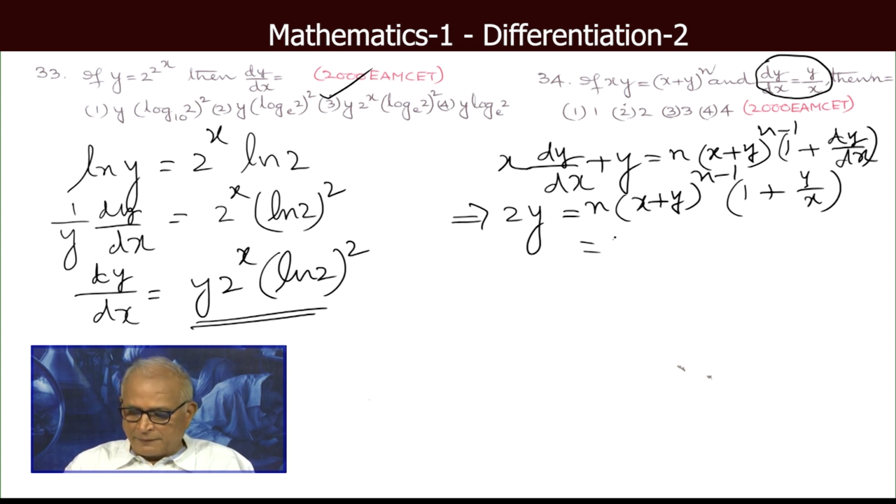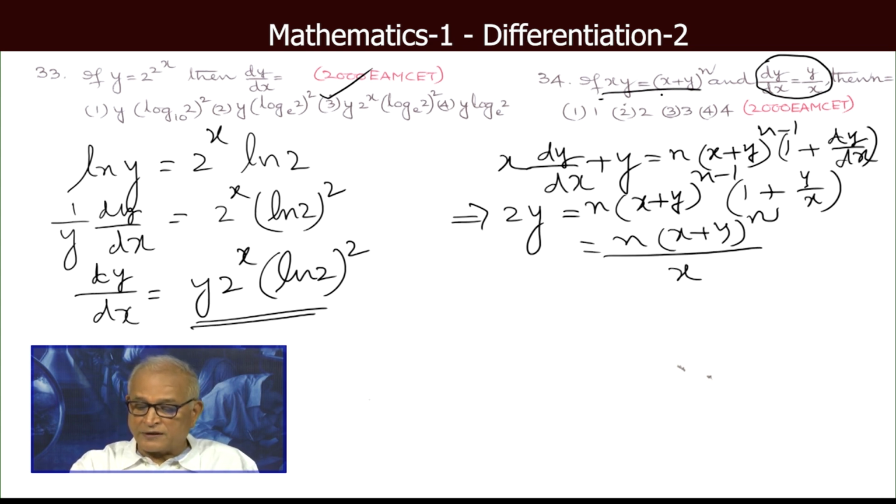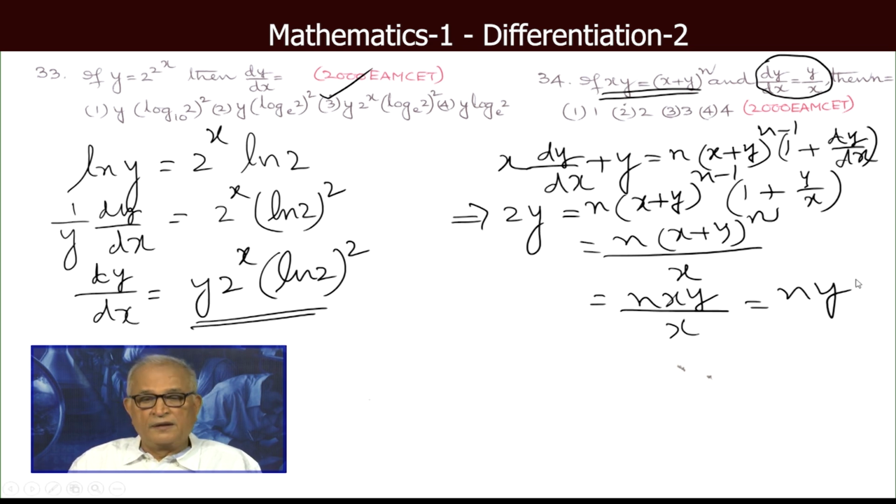So this is n times (x plus y) whole power n minus 1 into (x plus y) whole by x, which is n times (x plus y) whole power n by x. What is (x plus y) whole power n from the hypothesis? xy. So n times xy by x, which is equal to n times y. Therefore, because y is not 0, this means n equals 2. That is how you can get the value of n, which is 2, second option.